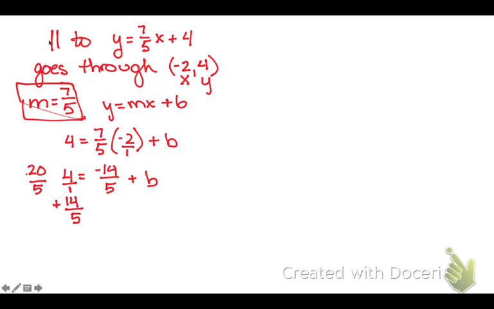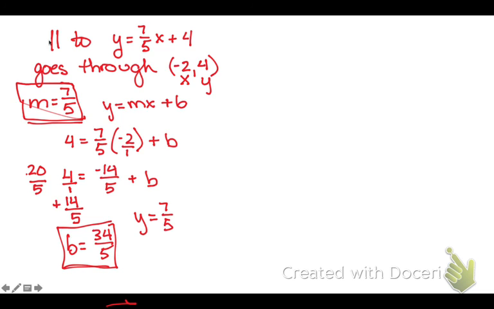So b equals 34 fifths. Do I have my slope and my y-intercept? Yes. Now, was it pretty? No. Did I change how I did this problem at all? No. The only thing I did is I had to get common denominators. Are you going to have to do that once in a while? Yes.